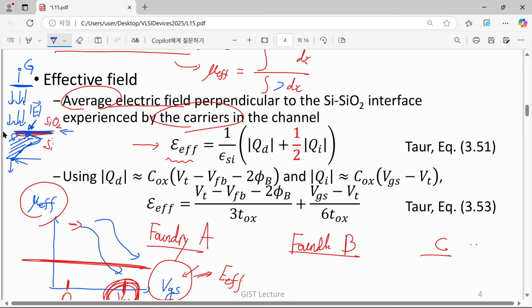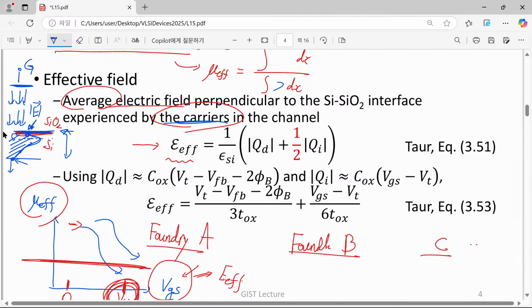Even though the physical thickness of this inversion layer is just a few nanometers, so it's quite thin, inside that short range we have significantly different electric field. So what is the average value of our electric field felt by the overall electron gas?